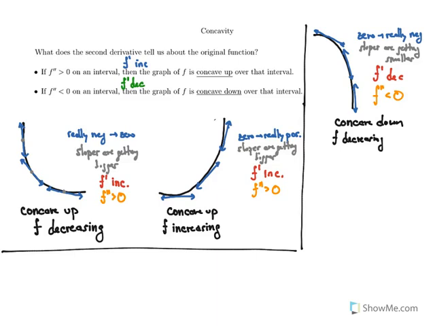And one more, and maybe you should pause the video and try to draw what the fourth kind of curve is going to be. That's going to be an increasing function that's concave down. And there we have it. So this is going to be f is now increasing. And when we look at the slopes, they go from really positive to close to 0.